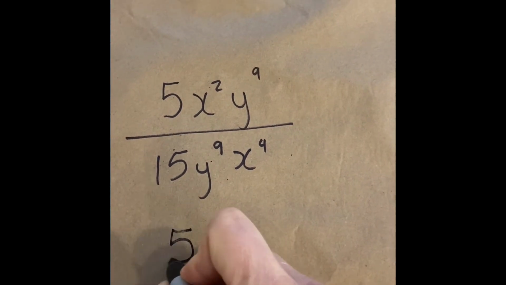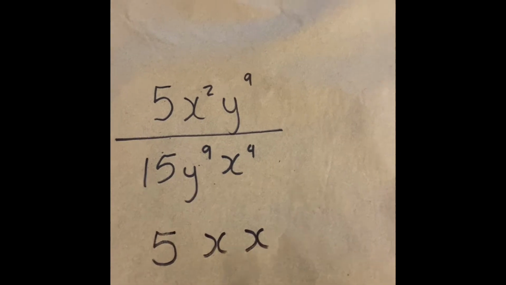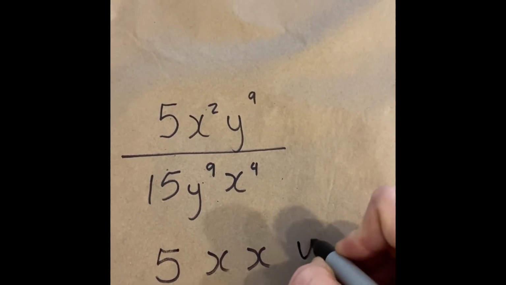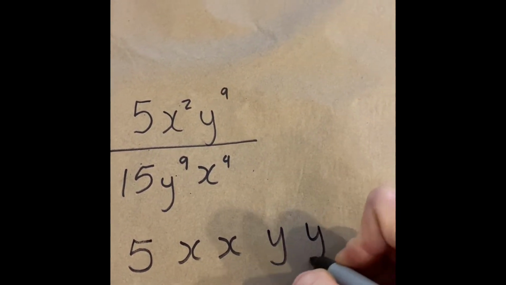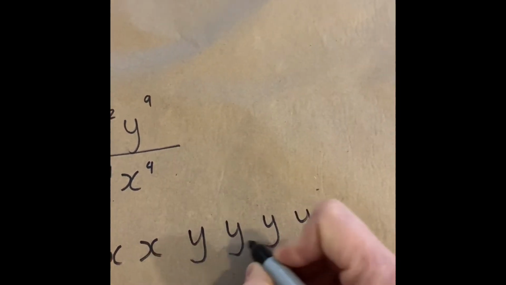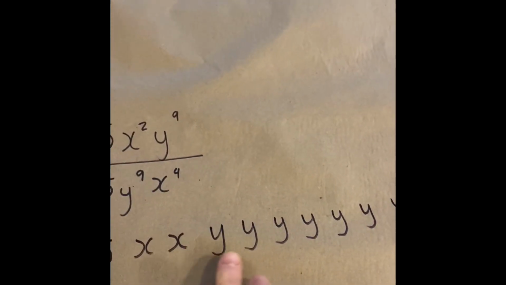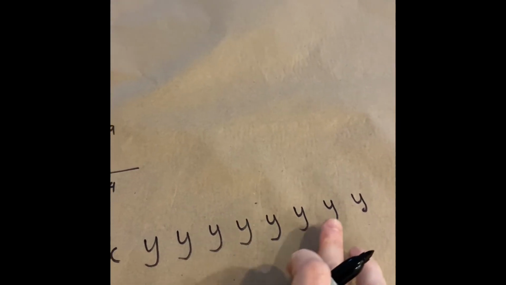I've got 5. I have x squared, which means x times x, and I've got y to the exponent 9, which means y times y times y times y times y. Let me count: 1, 2, 3, 4, 5, 6, 7, 8, 9.